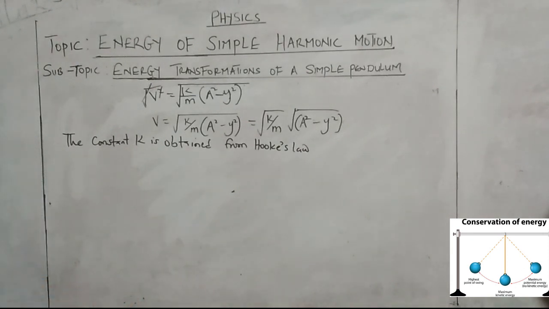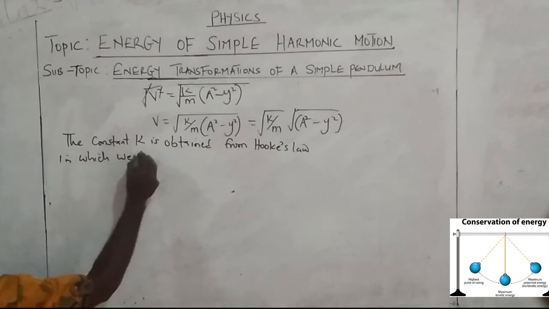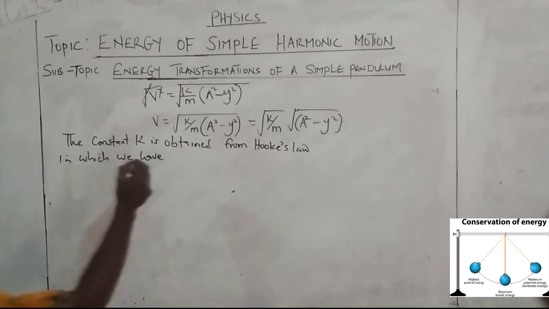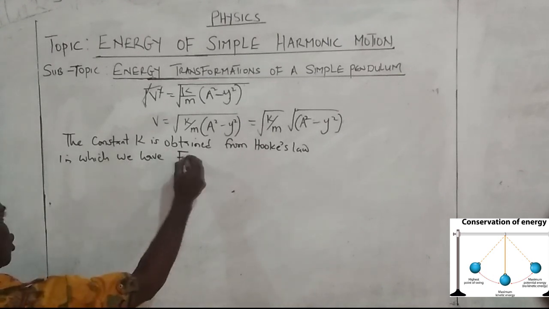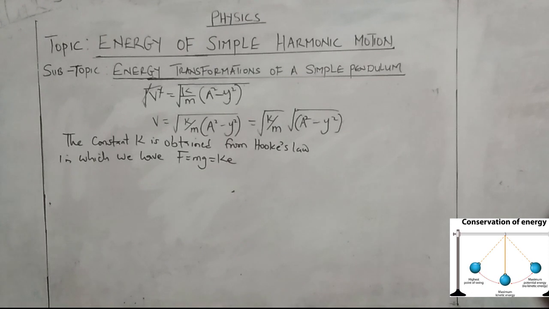It's obtained from Hooke's law, in which we have F equals mg, because mg equals ke. This is Hooke's law formula, where e is the extension produced in the spring by mass m.